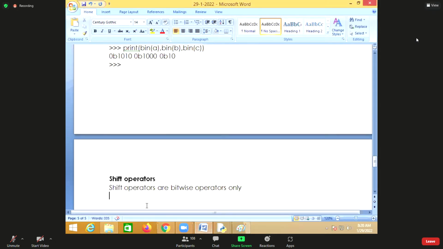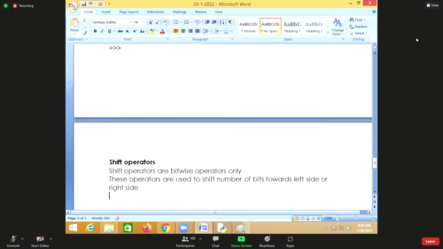Generally these operators are used to shift a number of bits towards the left side or the right side. By shifting the bits towards the left side or right side, what will happen?